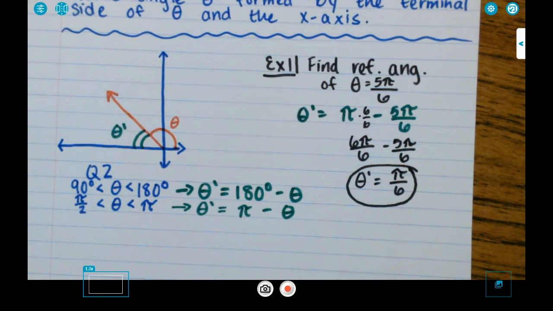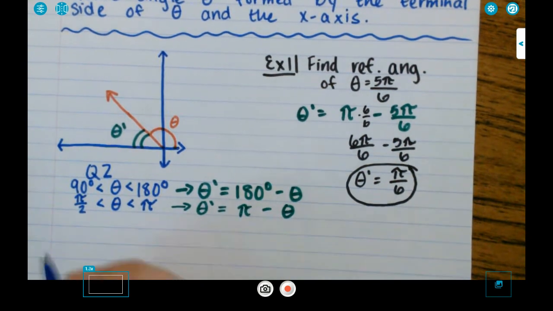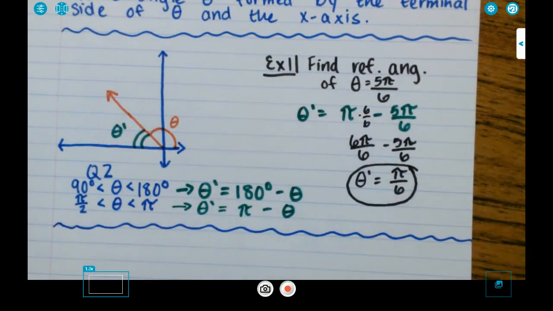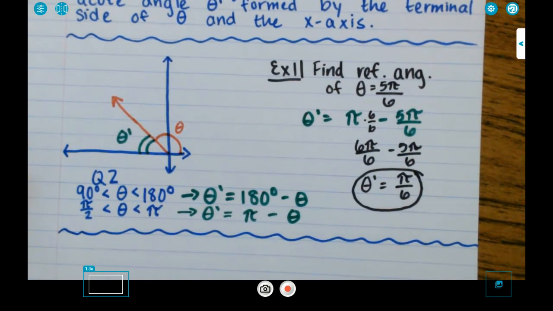So one singular pi over 6. Okay, so these are the rules we use if our angle is in quadrant 2, and there is an example of quadrant 2.